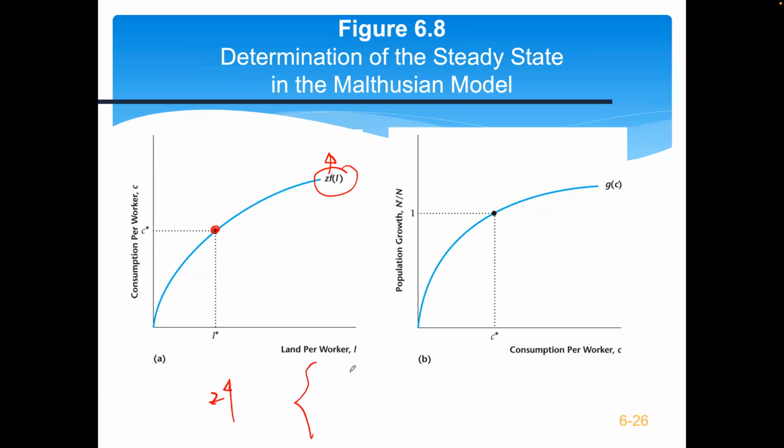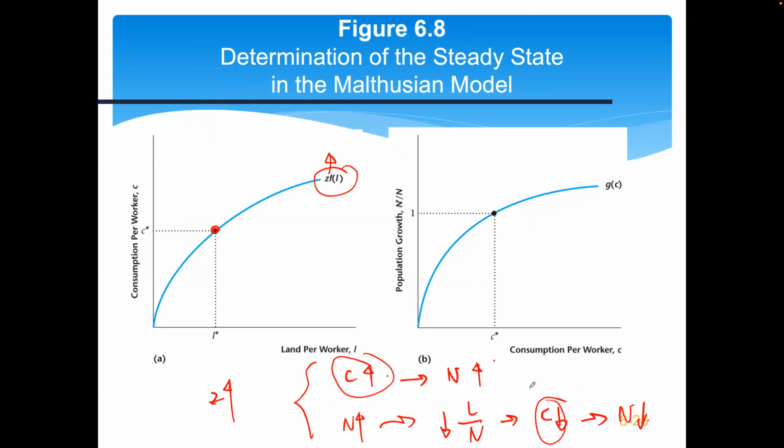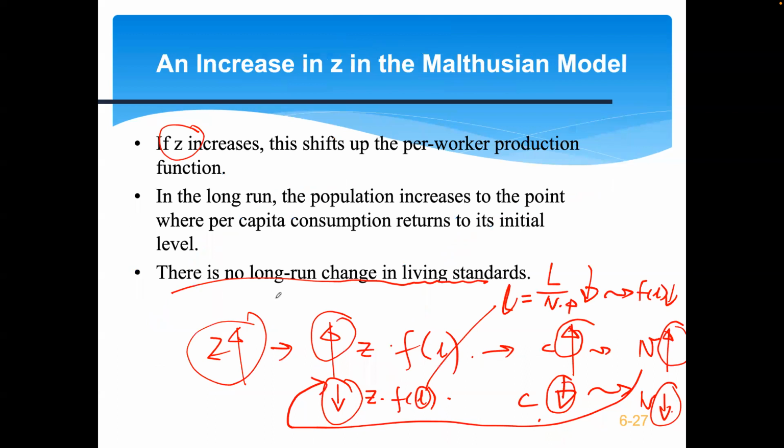First, you're going to have higher C, which leads to higher N, but since it's higher N, it's going to lead to lower L divided by N, and leads to C decrease, and then eventually it leads to N decline. So this is going to work against each other, and here it's going to work against each other. Hence, in the long run, there will be no change in standard of living.